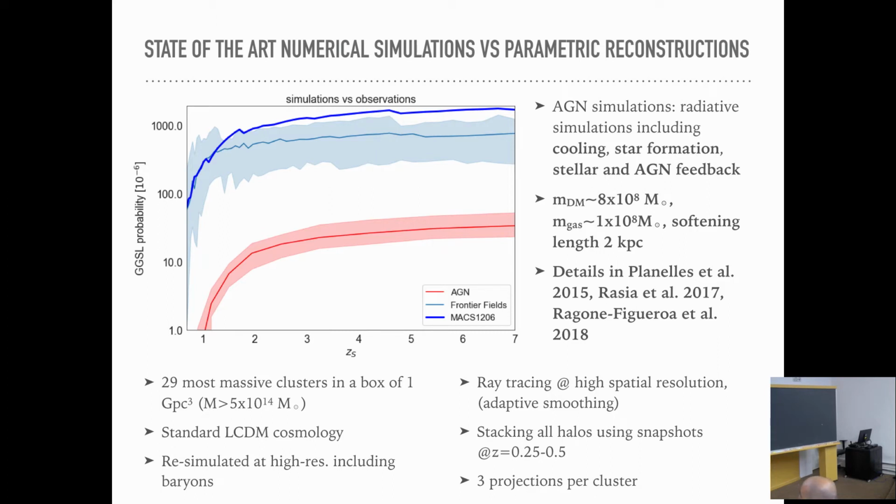So with regards to the comment that you were making about the results you got from AGN simulations, the only way we can bring this curve close to the observational results is by switching off the AGN feedback in our simulations.